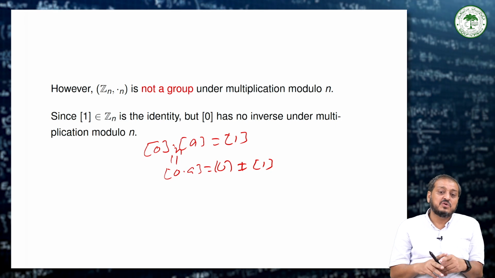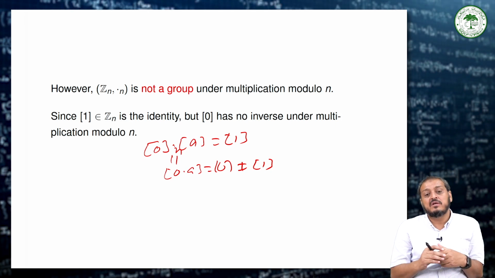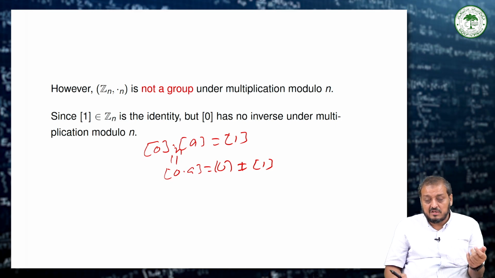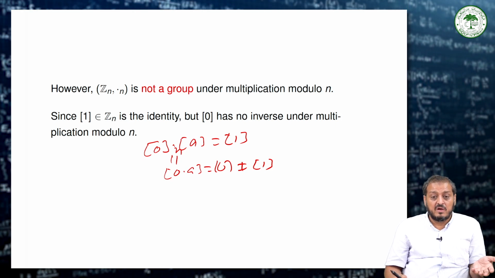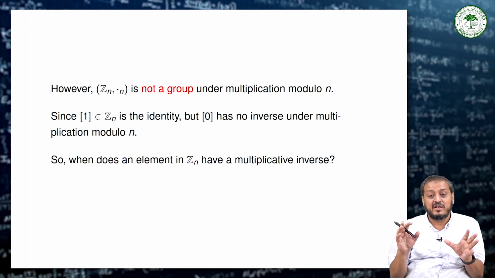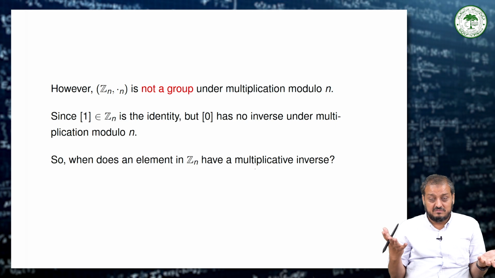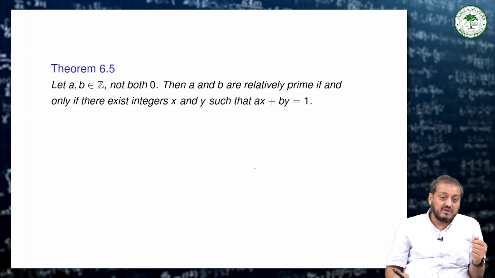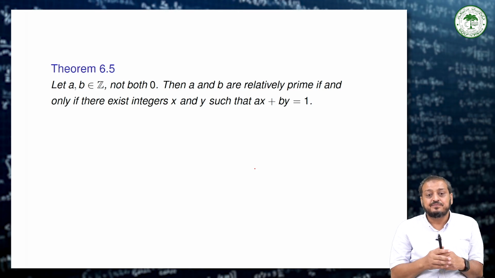So naturally the question comes to mind: when is Zn under multiplication modulo n a group or not? When does an element of Zn have a multiplicative inverse? For this we use a theorem.